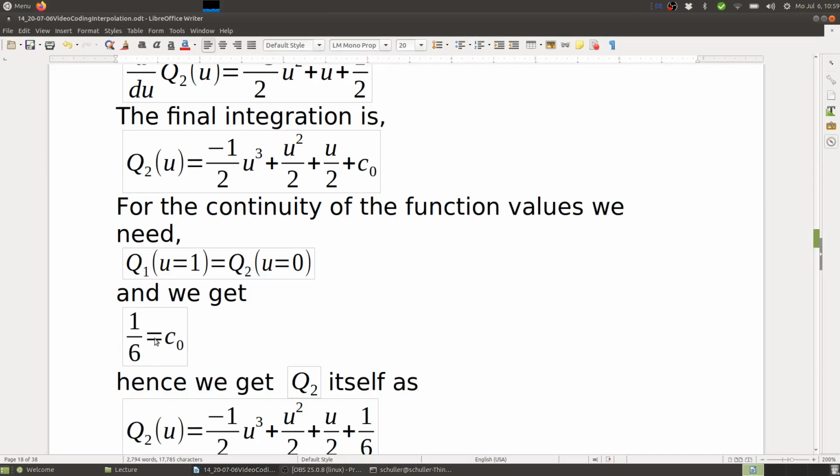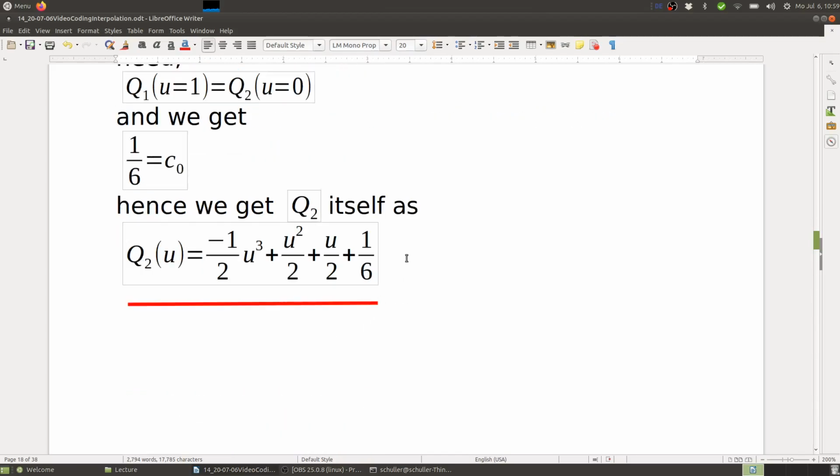And here this is the integration constant, which is left if we set u equal to 0. So now we have it. This is now our final polynomial Q2, which gives us continuity for the function value, the first derivative, and the second derivative across this boundary between Q1 and Q2.